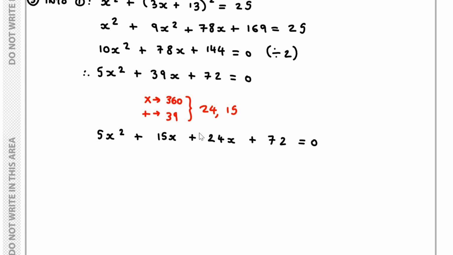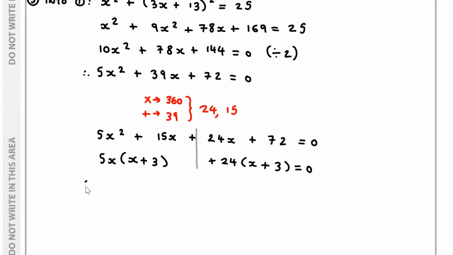And if I split this down in the middle, we can factorize the left bit and the right bit. So I'm going to have here 5x lots of x plus 3. And here I'm going to have 24 lots of x plus 3. And all of this is equal to 0.